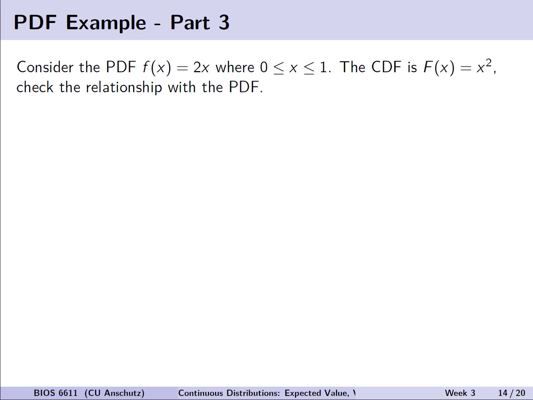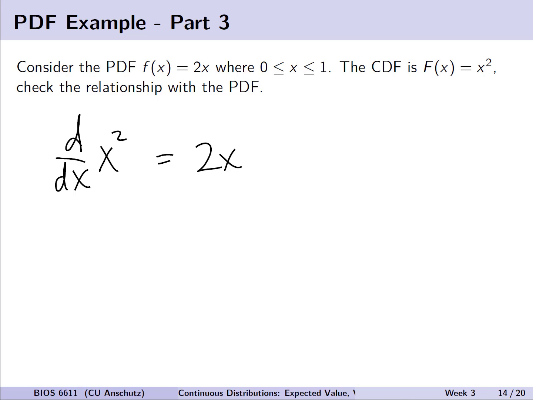Okay, let's just verify that. We take the first derivative, d/dx, with respect to our CDF of x squared here. We can then see that indeed, this is a not super exciting example, where the first derivative is equal to 2x, which is our PDF.